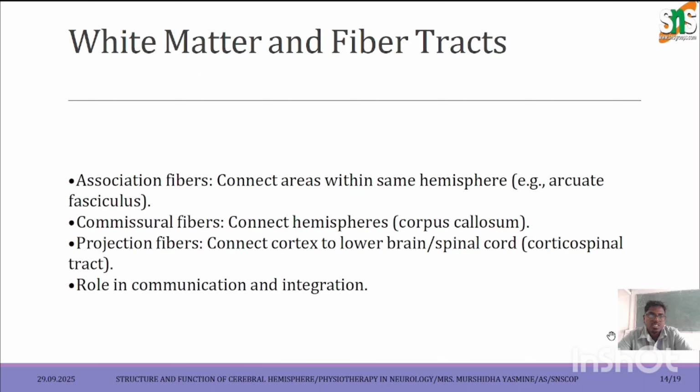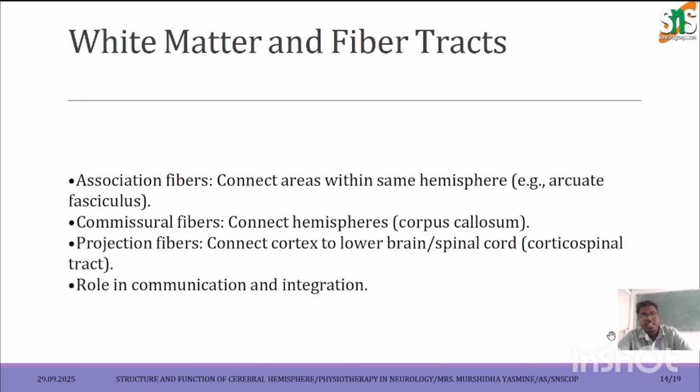The next fiber tract is the commissural fibers, which connect the two hemispheres. These are mainly present at the base of the brain, in a structure called the corpus callosum.